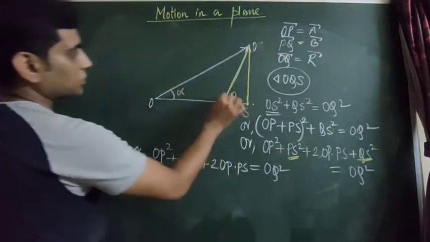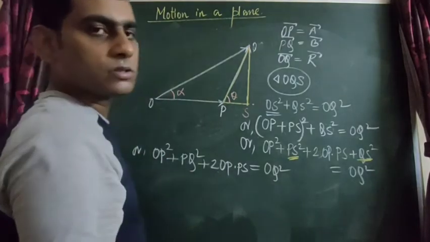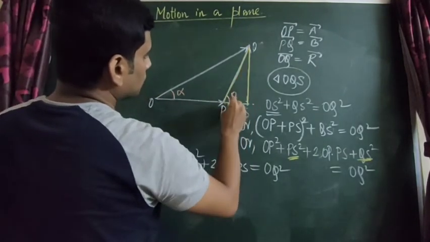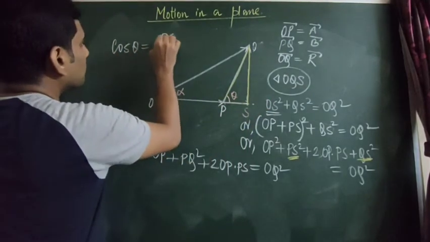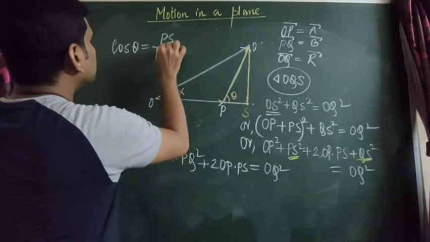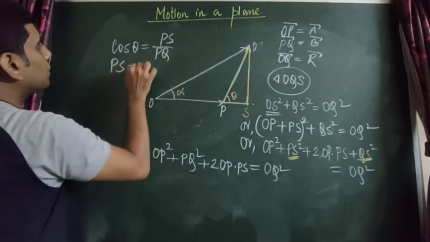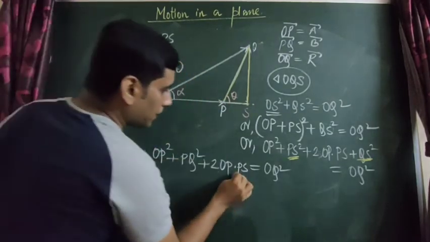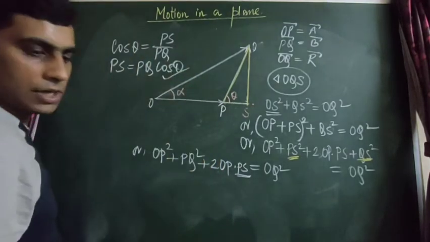Now see, if I take cos theta from this diagram, it is base PS by hypotenuse PQ. So from this we get PS as PQ cos theta. So in place of PS, I'll put PQ cos theta.